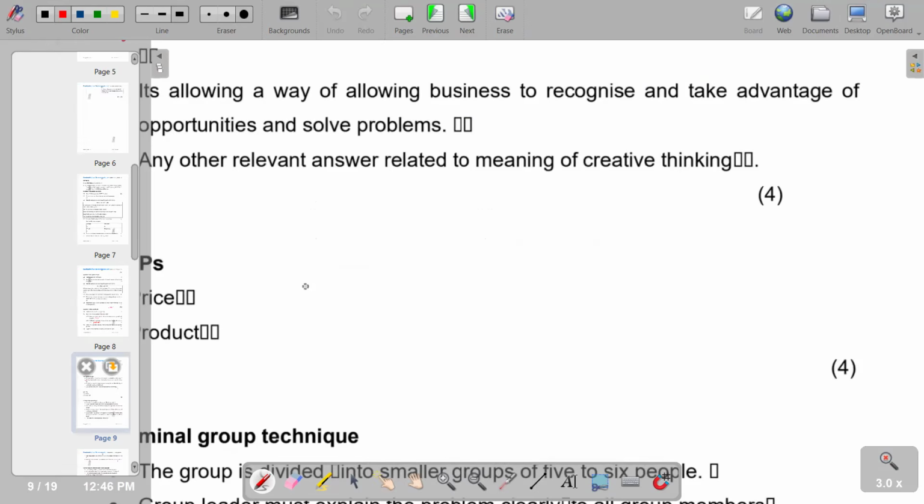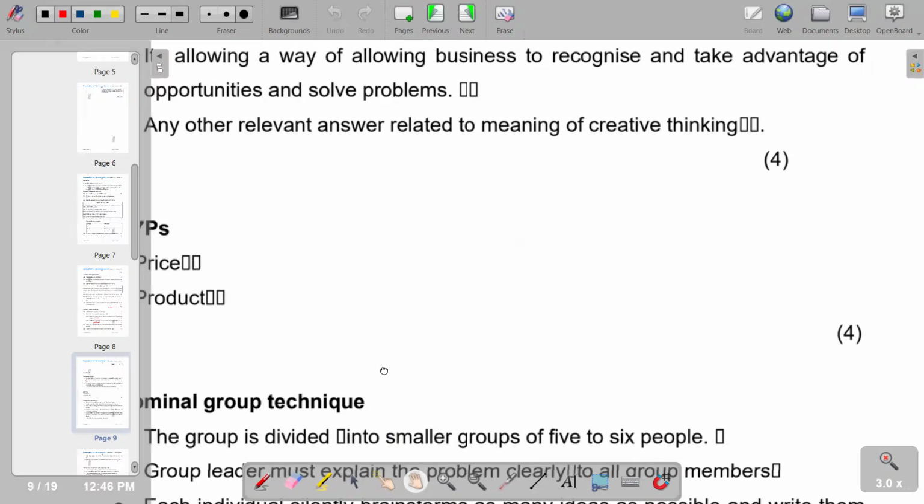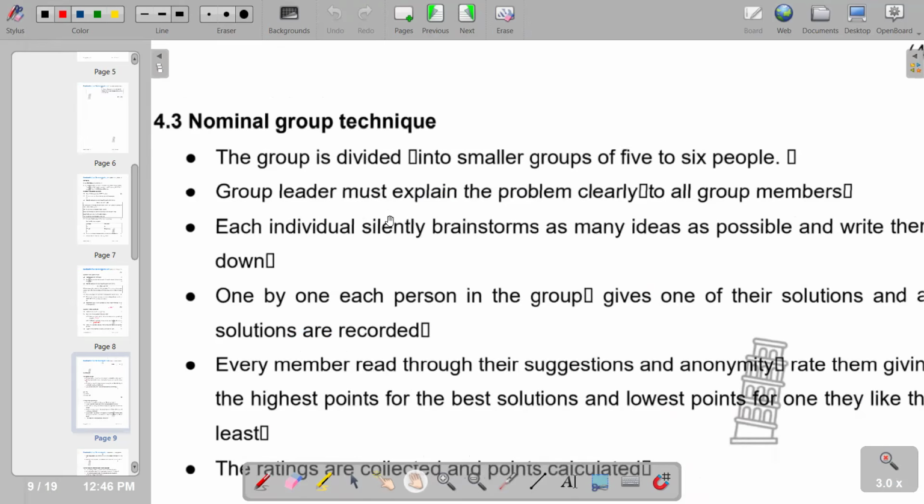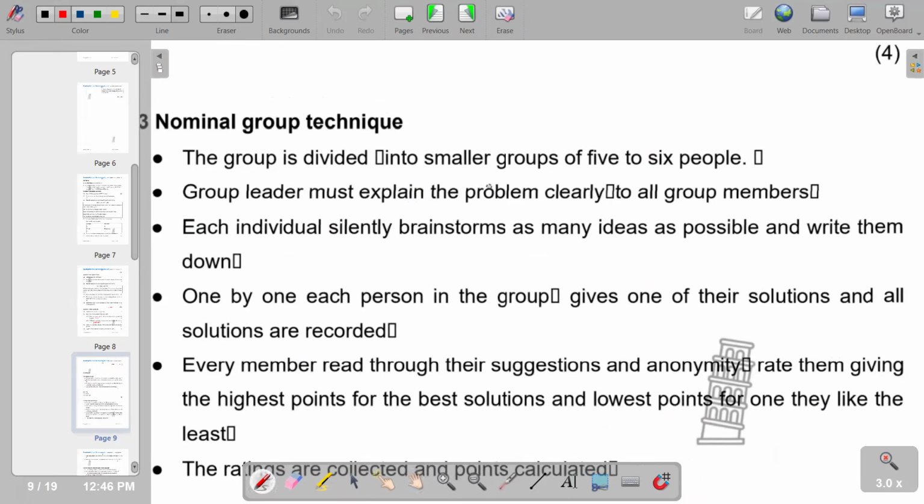So in that case, the group is divided into smaller groups of 5 to 6 people. The group leader must explain the problem clearly to all group members. Each individual silently brainstorms as many ideas as possible and writes them down. One by one, each person in the group gives one of their solutions, and all solutions are recorded.